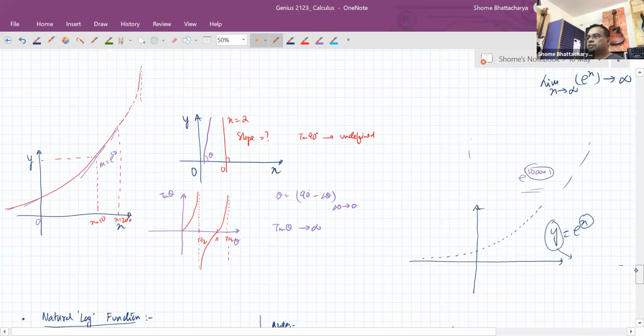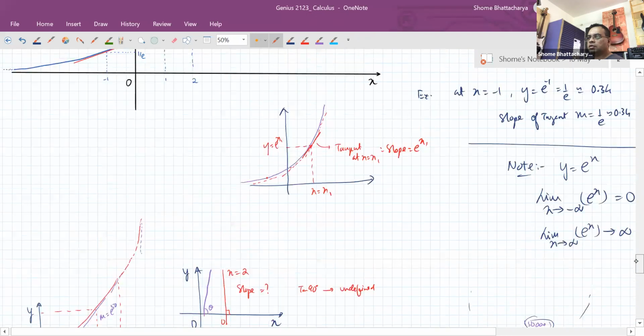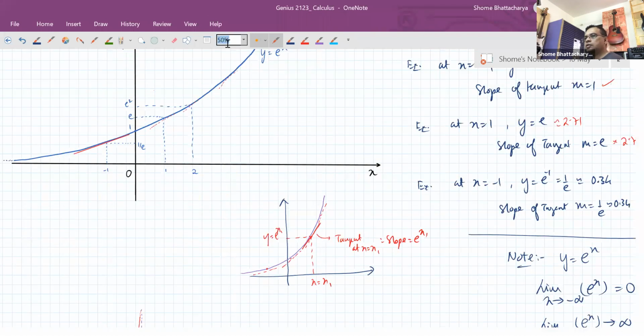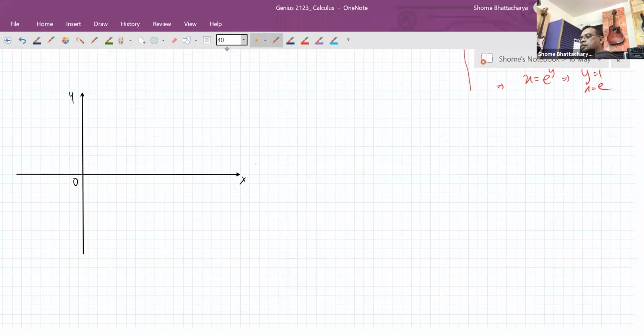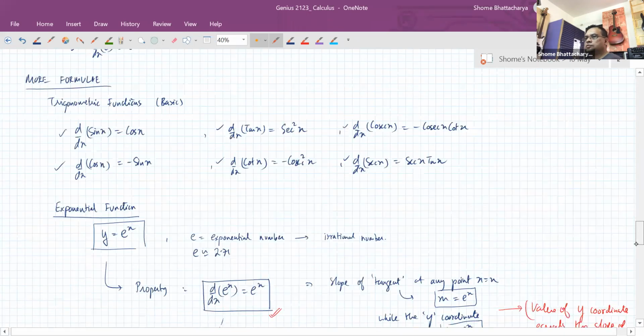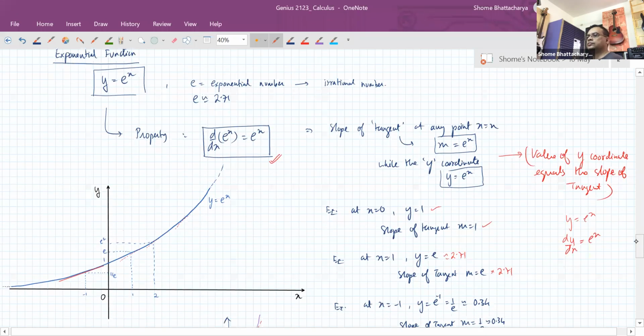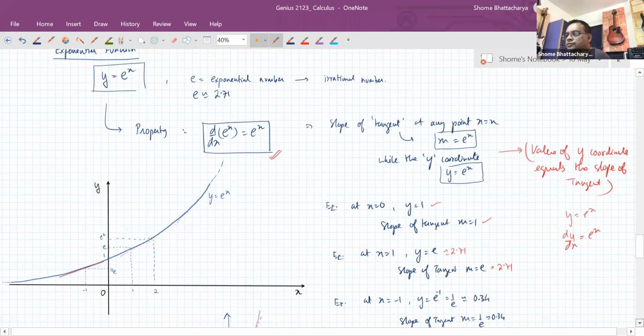Exponential function or logarithmic function? No, exponential. The note that you had written.